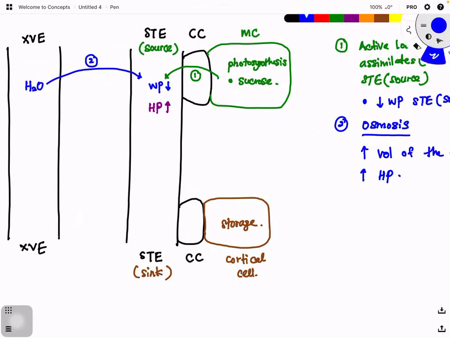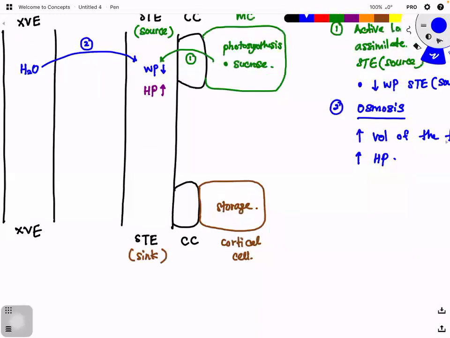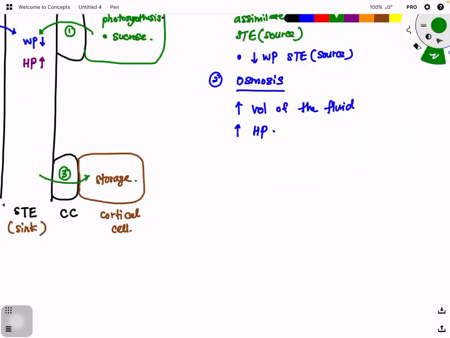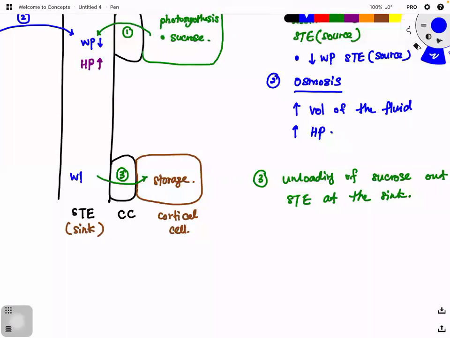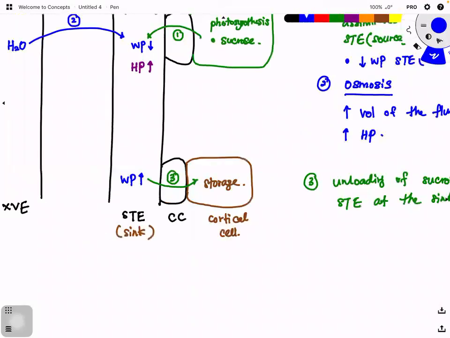What happens at the sink? At the sink, the sucrose is now unloaded. So number 3 is unloading of assimilate, sucrose, out of the sieve tube elements at the sink. You remove solute, which means the water potential is now high, compared to here where the water potential is low.